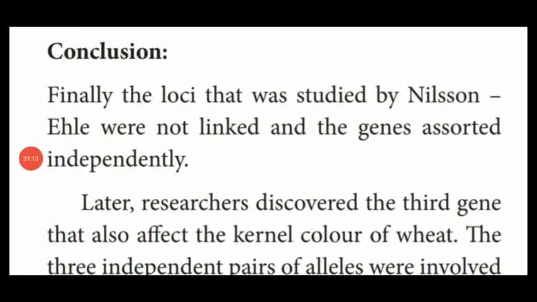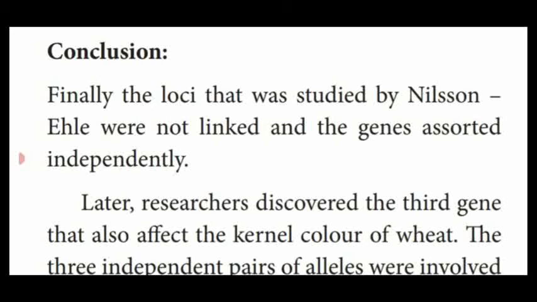Dear students, next we are going to see the conclusion of the polygenic gene interaction which was proposed by Nilsson-Ehle in the year 1909. The loci that were studied by Nilsson-Ehle were not linked and the genes assorted independently.